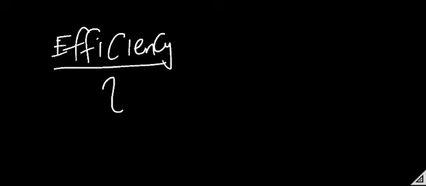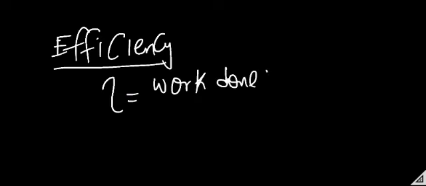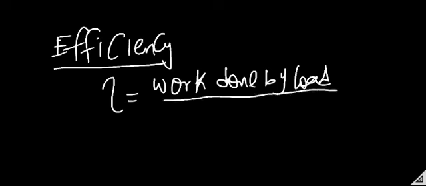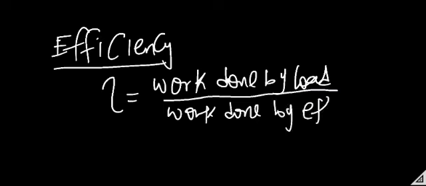Efficiency, by this symbol, is given by the ratio of work done by the load, all over the work done by effort, times 100, right? Because it is measured in percentage.